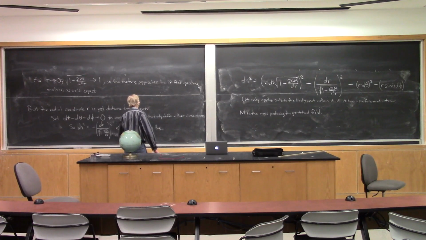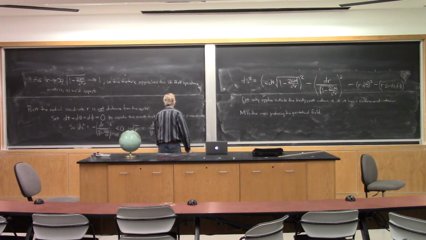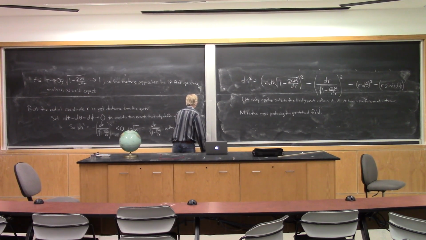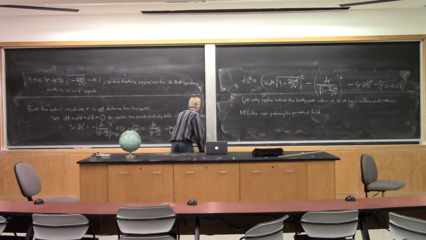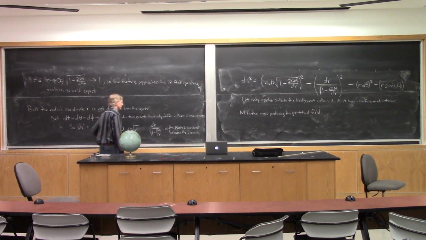So the square root of minus ds squared, which here would be dr over the square root of 1 minus 2GM over c squared r, is the proper distance between those two events.